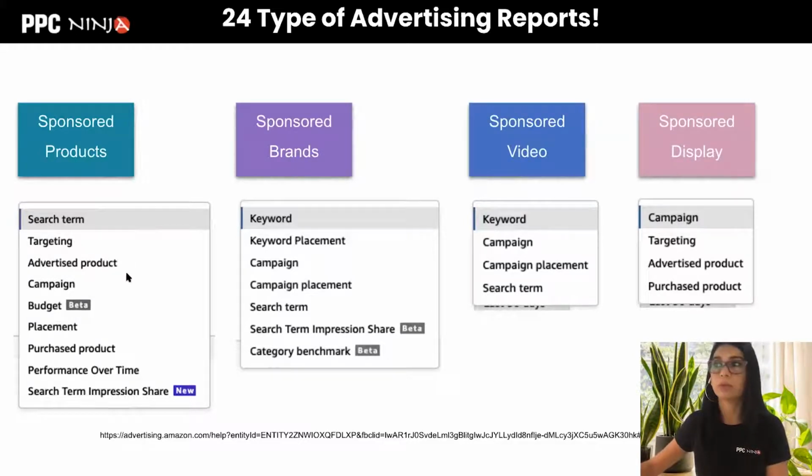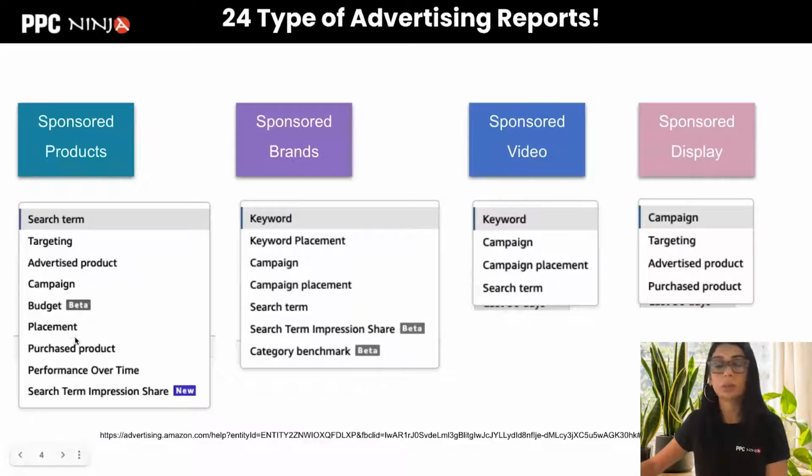You can also look at which products were advertised, how they did, and also which products were purchased. So there's a difference here: advertised product, purchased product. These two reports are kind of complementary because they tell you what were the advertised products and how they did, and what actually got purchased and how did they do.